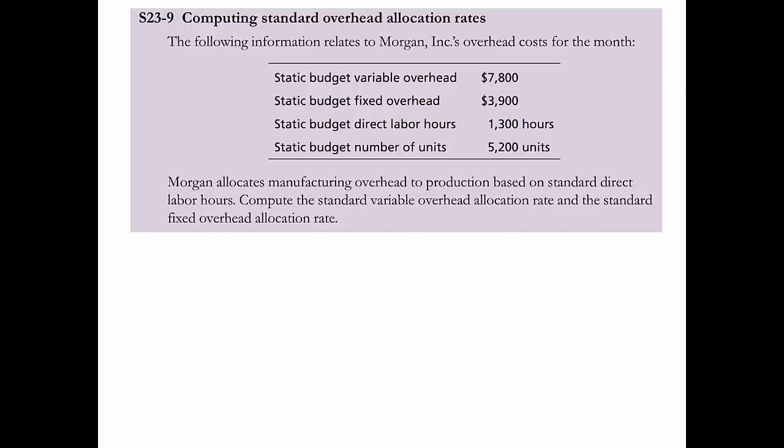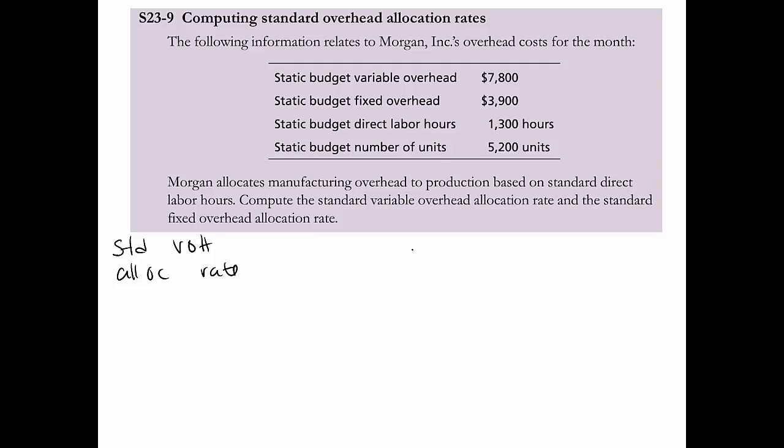So let's do two of these. Okay, so the first one here, we are going to come up with those rates. In a lot of the problems you'll see these rates are already given to you, but we'll go ahead and figure them out. So we want a variable overhead rate. We're going to calculate the standard variable overhead allocation rate. We allocate overhead based on direct labor hours.